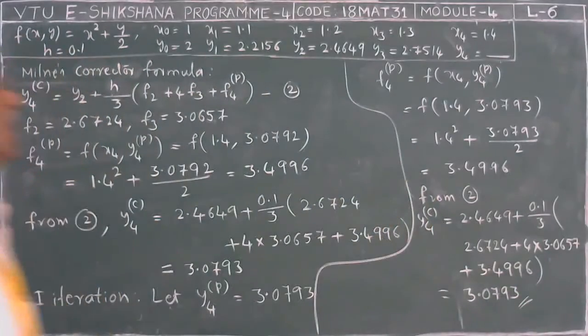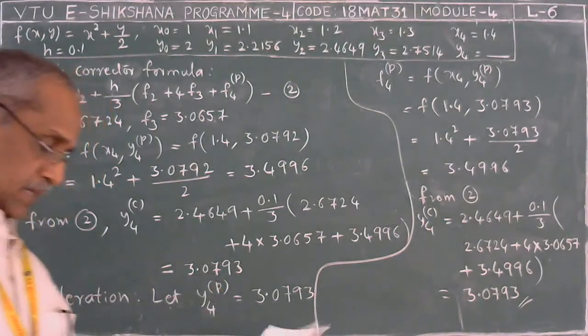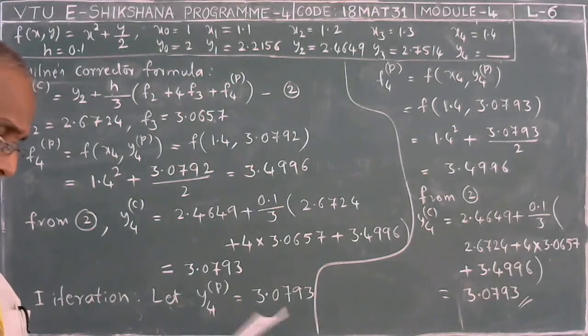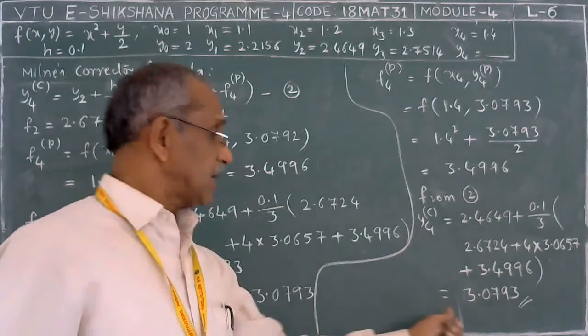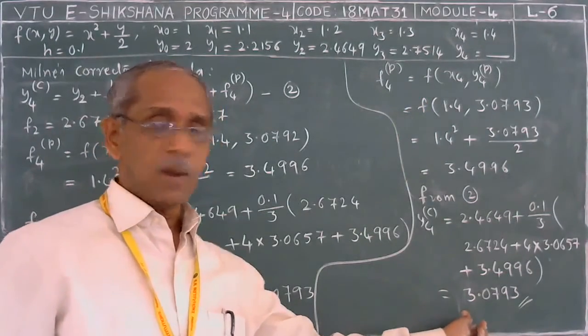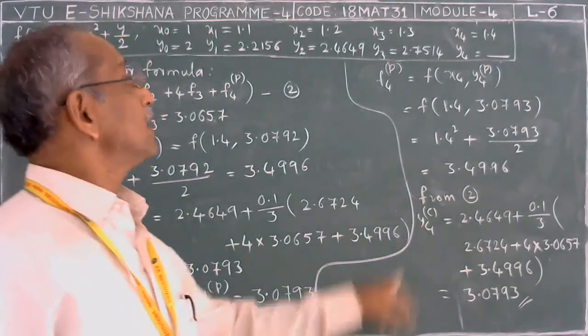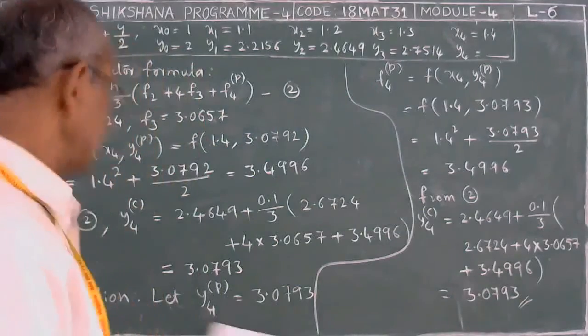Since the first iterated value and y4c are the same up to 4 decimal places, we can conclude that the value of y at x equal to 1.4 is 3.0793.